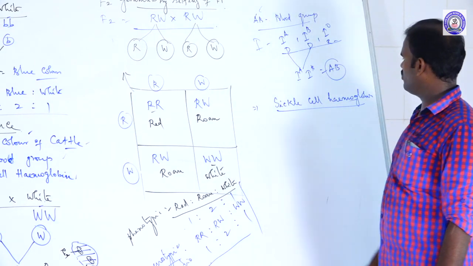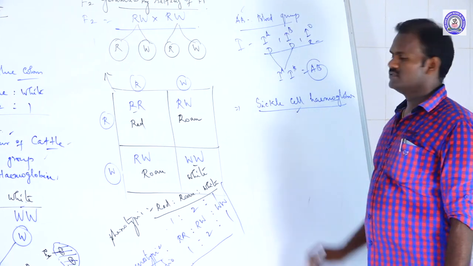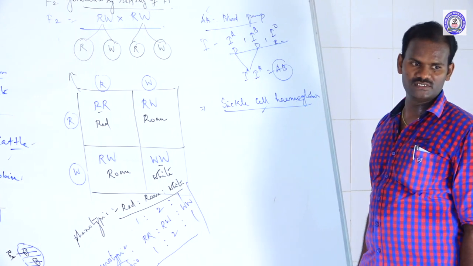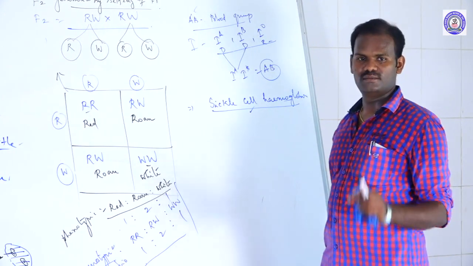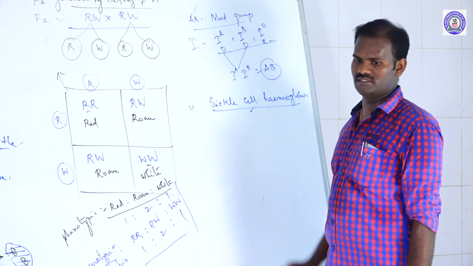Sickle cell hemoglobin is a gene mutation disease, a genetic disorder, caused by a point mutation. It is an autosomal genetic disorder.